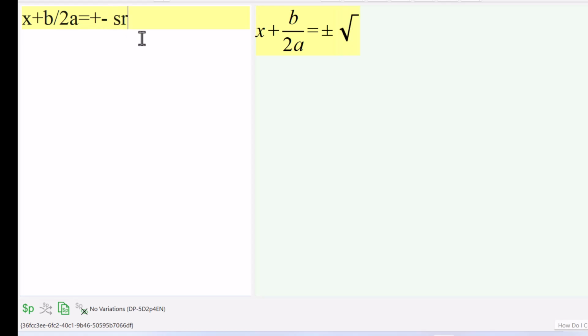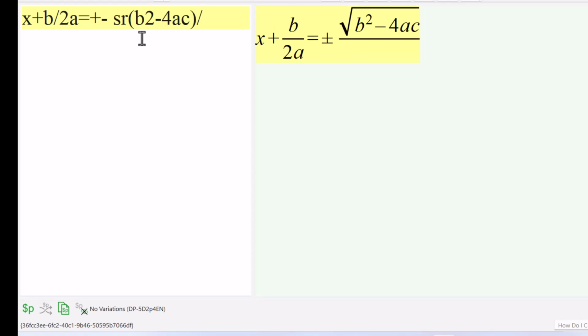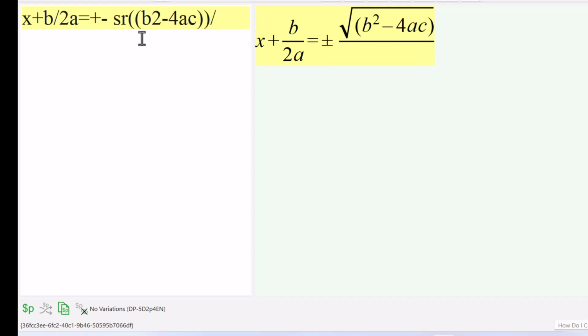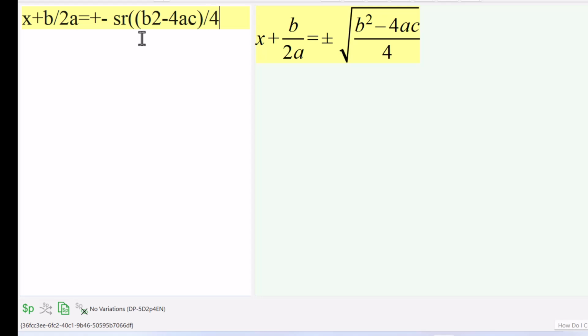So you have your square root, put this in bracket, which is b squared minus 4ac all over. Still need to open another bracket here because they are all in the bracket. All over. Okay, let's remove this first. So have this all over 4a squared. Yes, so I've square root both sides of the equation.